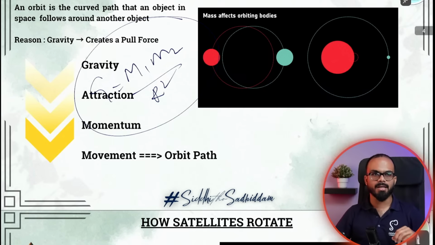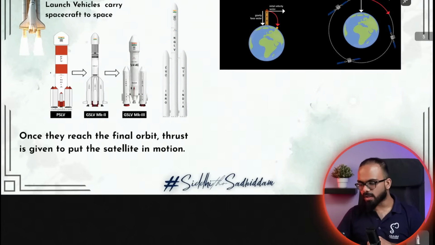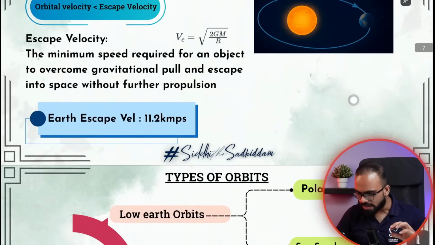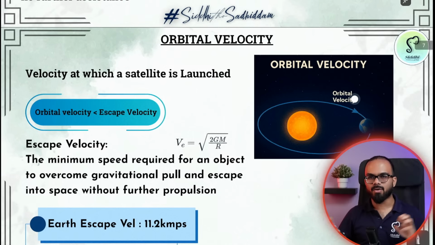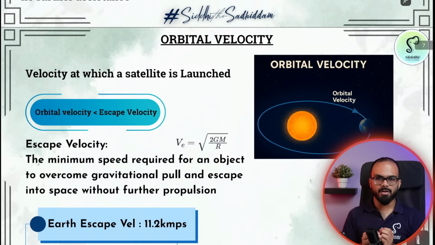Whenever two bodies are revolving around each other, there is a lot of attraction between them, and because of the attraction, they start going around in a particular path. Such a path is called an orbit. Orbit is the first thing. Now we will look at various kinds of orbits and the words associated with orbits. Then we will come back and understand how satellites rotate. So basically, an orbit is a path around a celestial body.